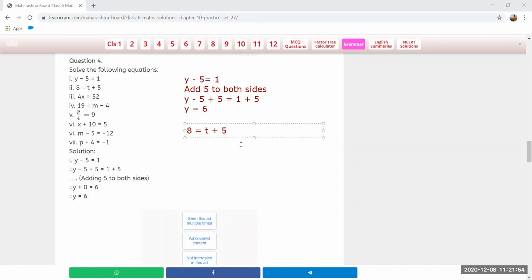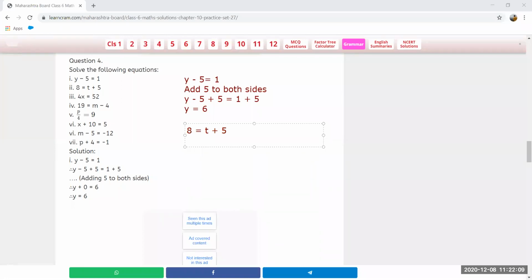Now we don't want this plus 5 with this t. We want to remove this 5 from this side. So what are we going to do? What would be our next step? Subtract 5 from both sides.